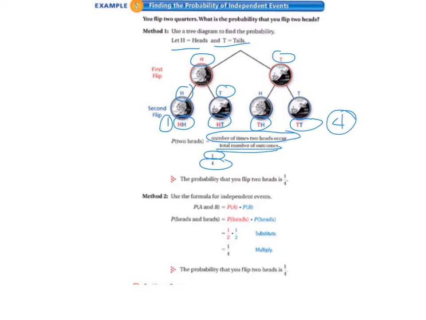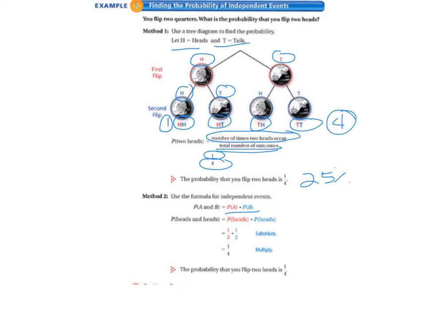So the probability that you flip two heads is 1 out of 4, or 25%, if you want to put it as a percent. Method 2, we can use the formula that we just wrote down. The probability of A and B is the probability of A times the probability of B. So the probability of heads and heads equals the probability of heads times the probability of heads.